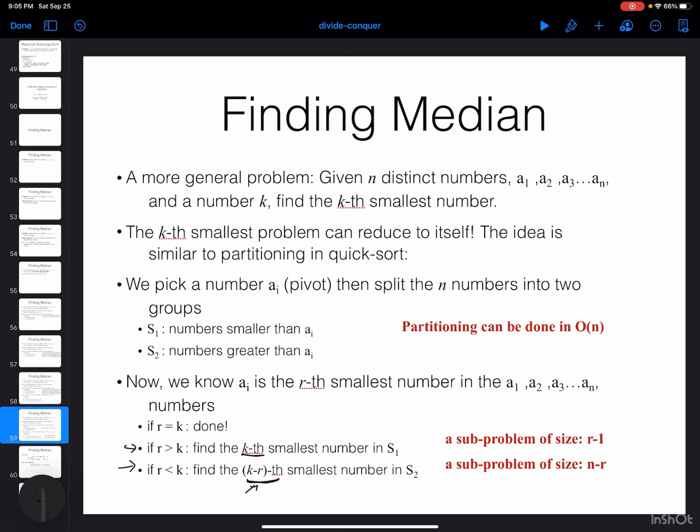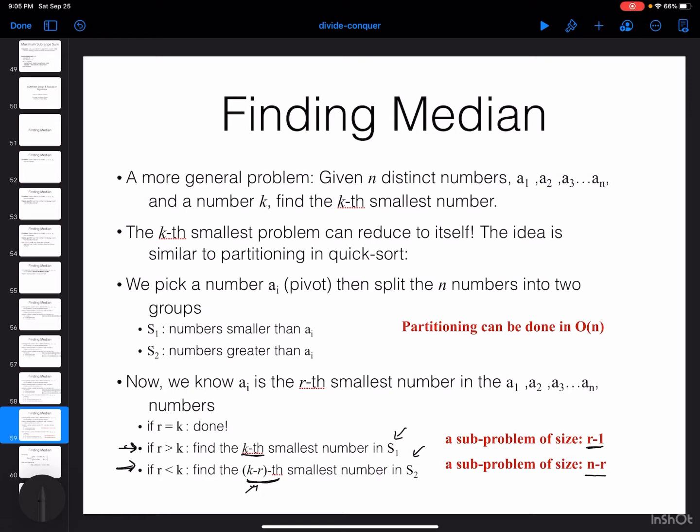This is not changing the size of the problem. The size of the problem will be the size of S1 and the size of S2. For S1, the size will be r minus 1. For S2, the size will be n minus r. Okay, but you solve only one of these subproblems. Either this one needs to be solved, or this one, not both of them.